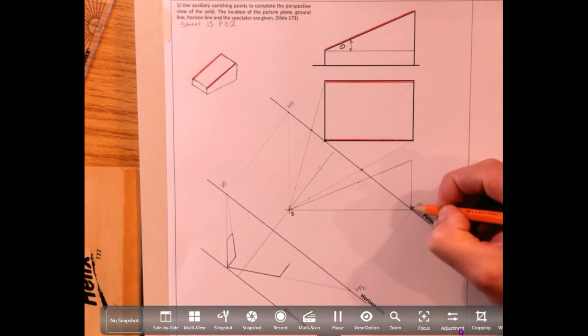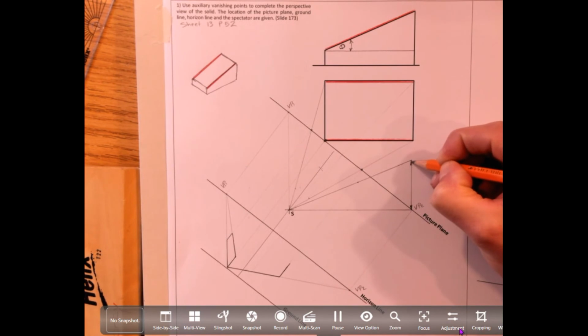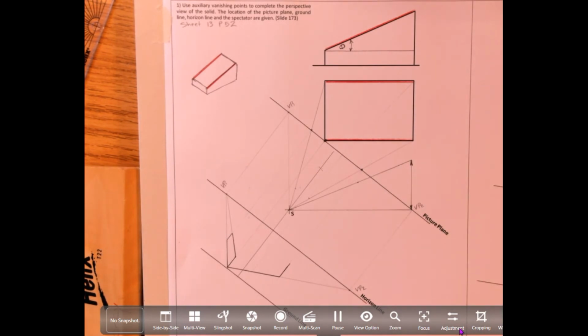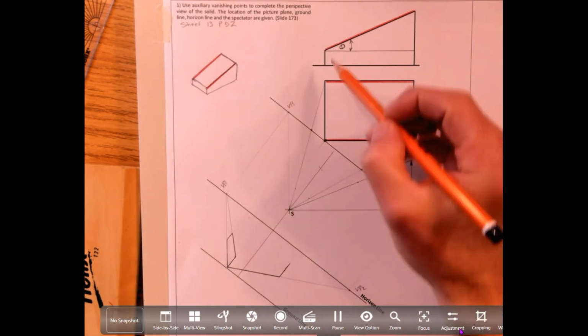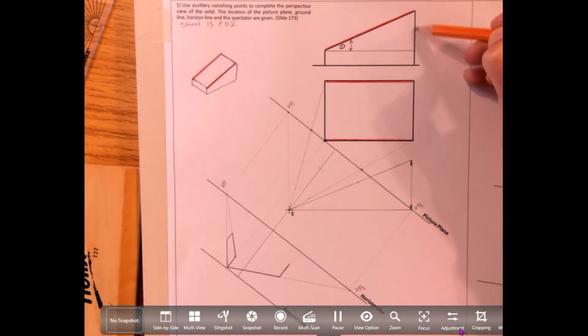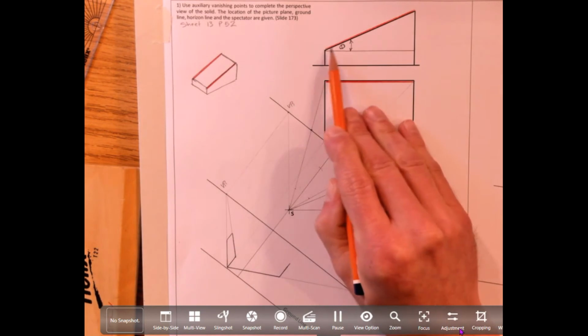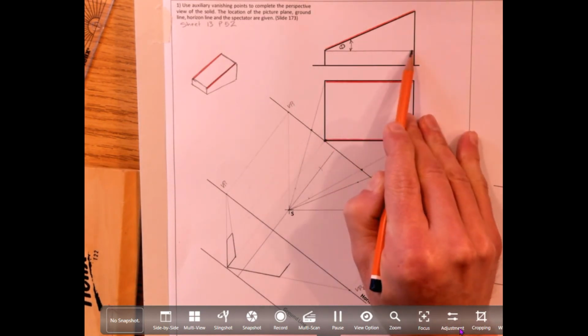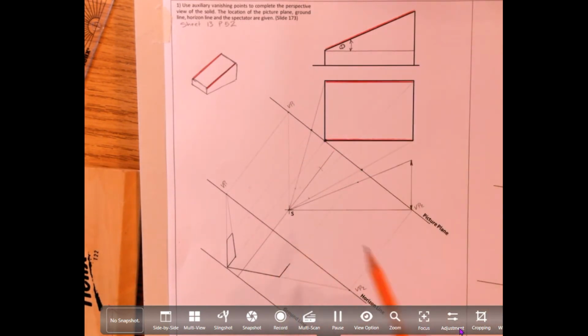And here is the height I'm looking for. The angle produces a rise, here's the rise, over this distance. What we have figured out is the angle produces a rise of this over the longer distance.